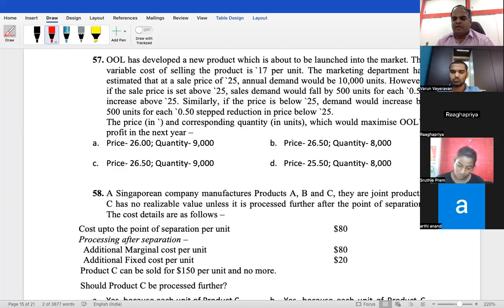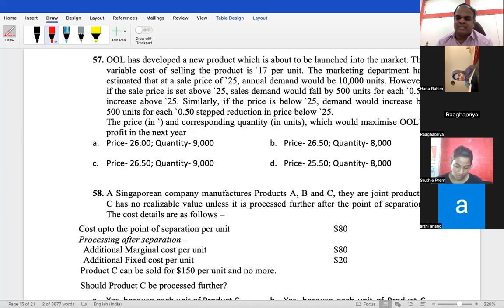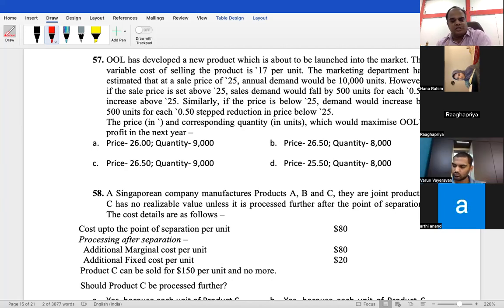Selling price minus variable cost equals contribution, which comes to 8.5. 25.5 minus 17 is 8.5. 8.5 into the sales quantity, 9,500, is equal to 80,750. Okay, that's the first contribution.